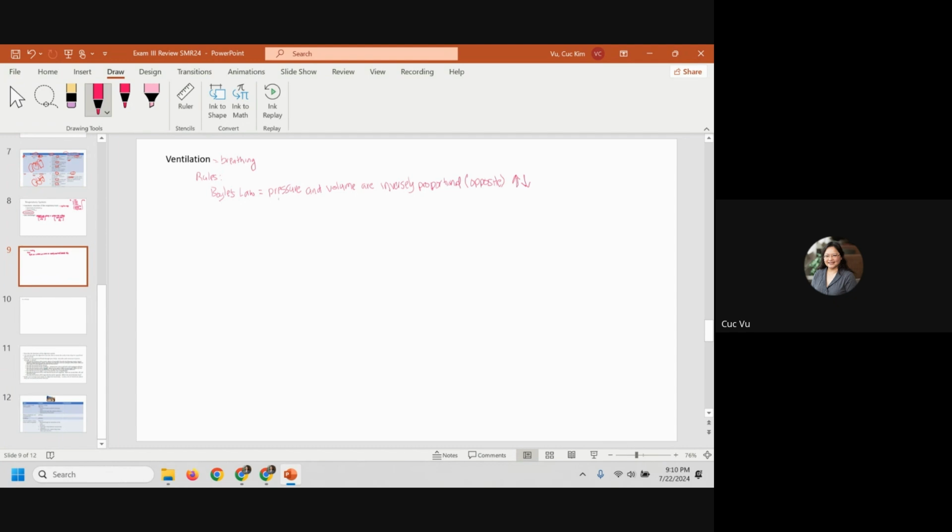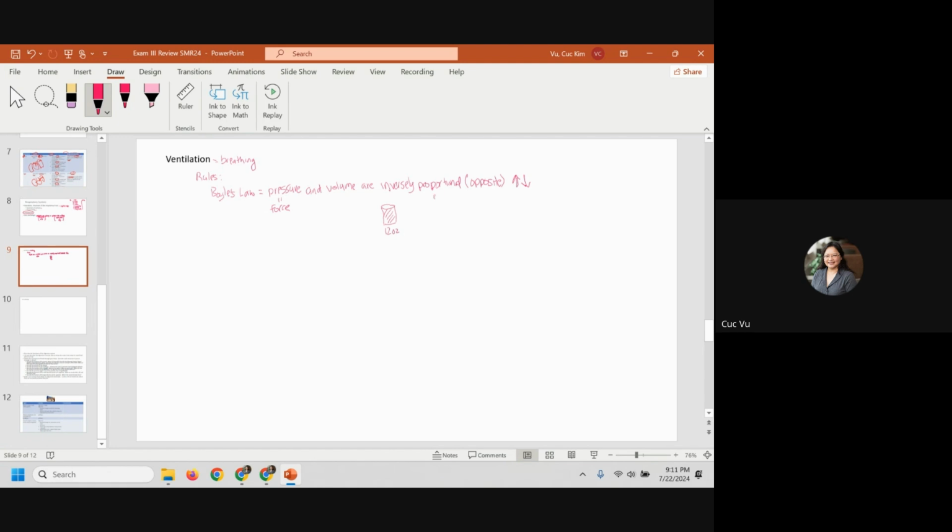And you can think of pressure as force. So it's the force that's put onto structures. A good way to think about this, the analogy that I give, is a can of soda. In a can of soda, what's normally in a can of soda? 12 fluid ounces, okay?